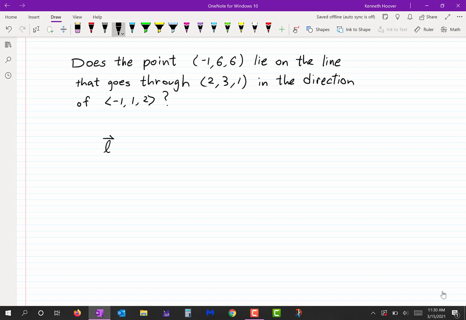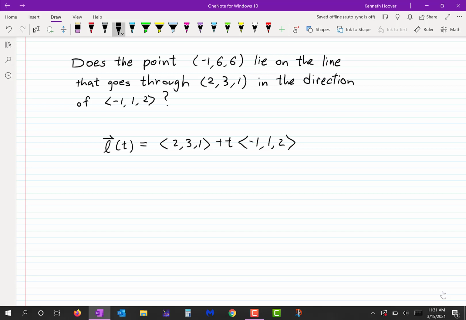So we'll write L of t, I'm going to write the vector equation, equals, okay, the line goes through the point 2, 3, 1. So I can write vector 2, 3, 1 plus t times our direction vector -1, 1, 2. Okay, that's the vector equation.